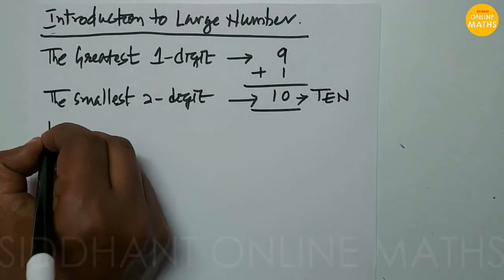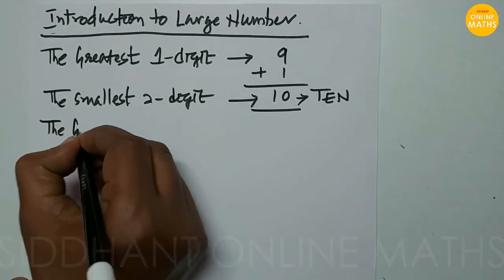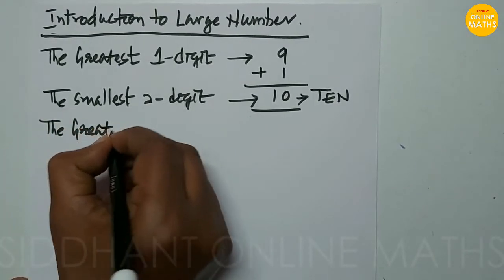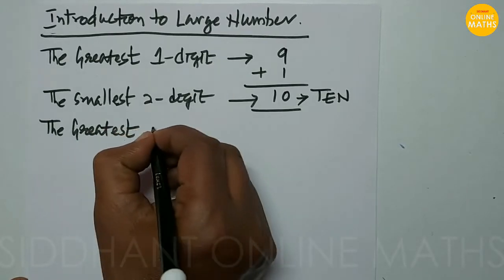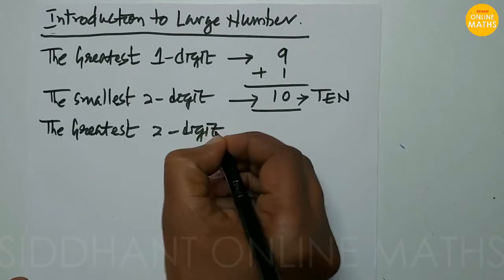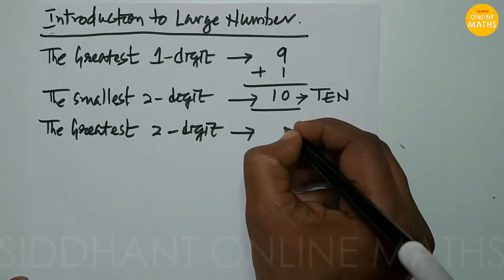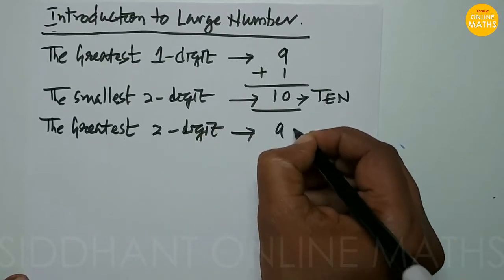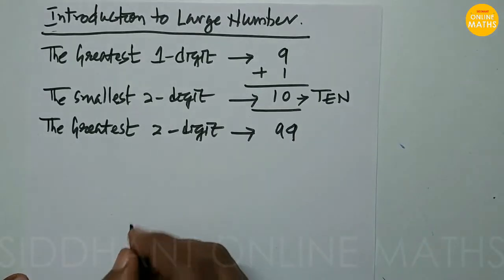So after that, when you see the greatest two digit number, it will be 99.